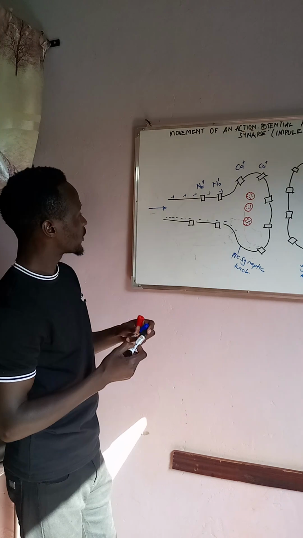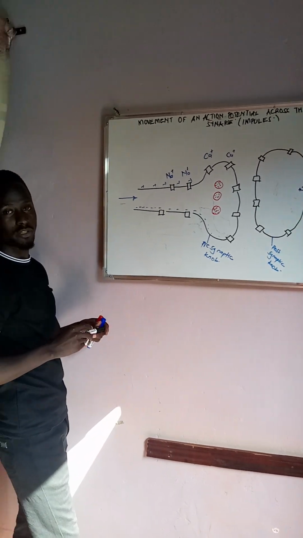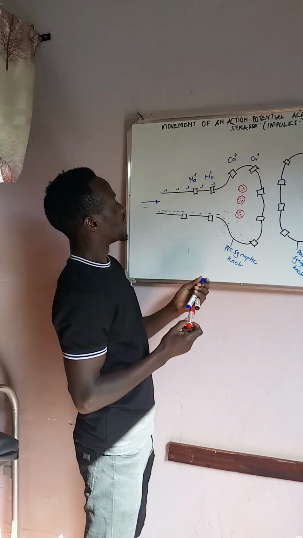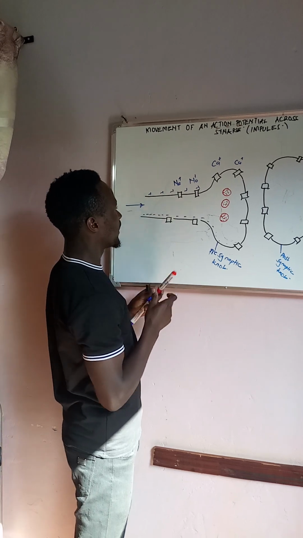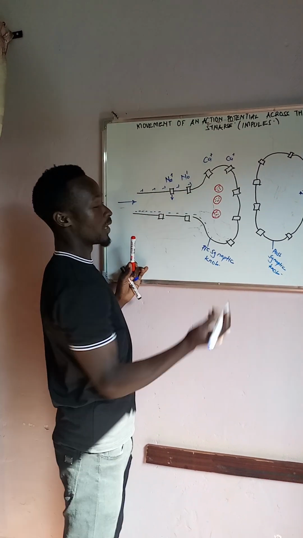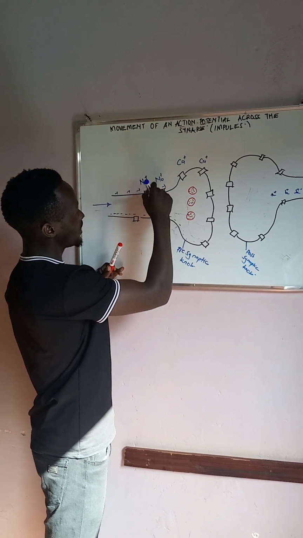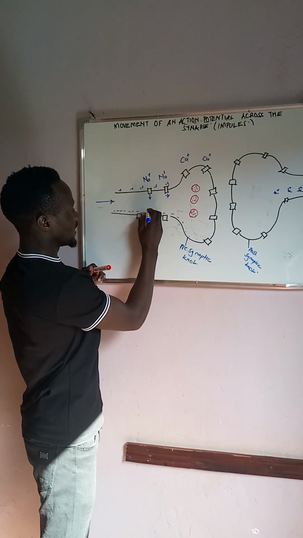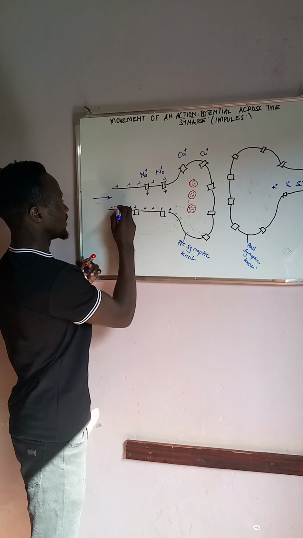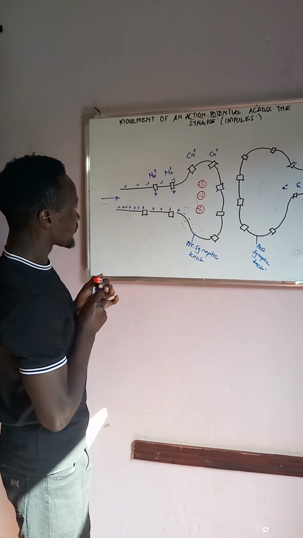So when an action potential reaches the presynaptic knob, what happens? This forces the channels to open and allow sodium ions to enter. So it will open, sodium will enter, and it will start causing depolarization of the neuron inside.